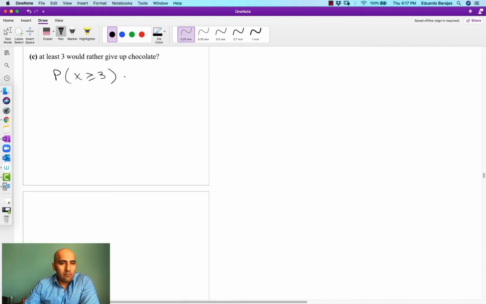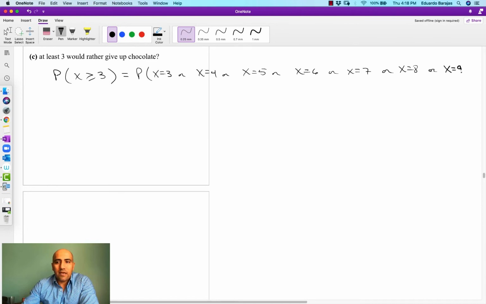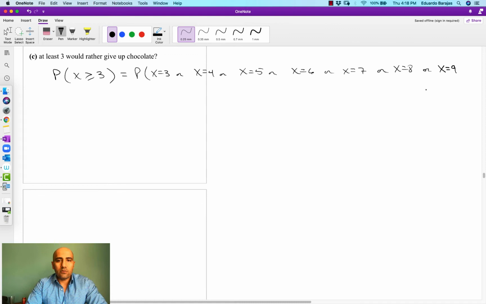So keeping in mind that there were 10 people being surveyed, that means the probability that x equals 3, or x equals 4, or x equals 5, or x equals 6, or x equals 7, or x equals 8, or x equals 9. Oh, this looks painful. Or x equals 10.